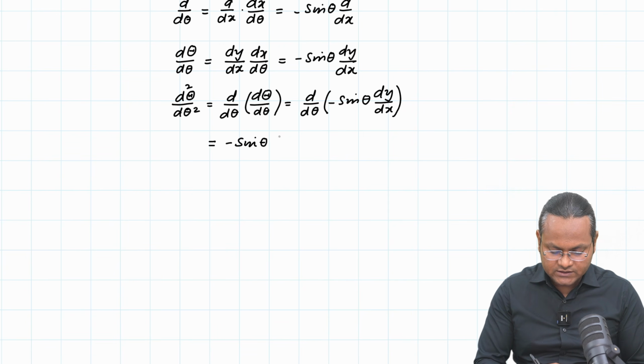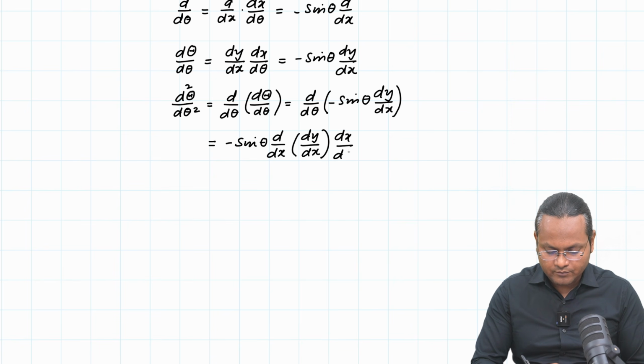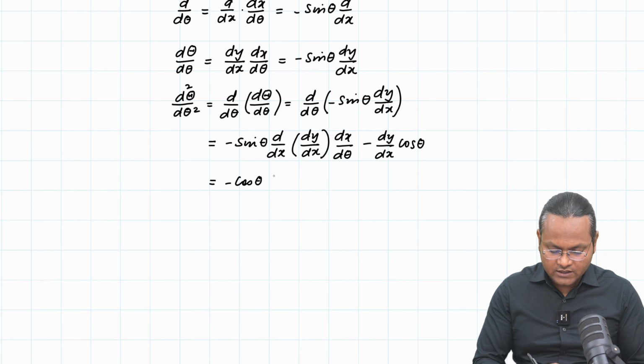One of the terms will be this, the other term will be d/dx of dy/dx times dx/dθ, and d/dθ of sin theta is cos theta. So this becomes minus cos theta dy/dx.